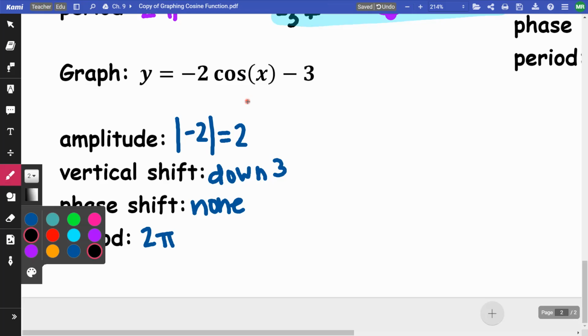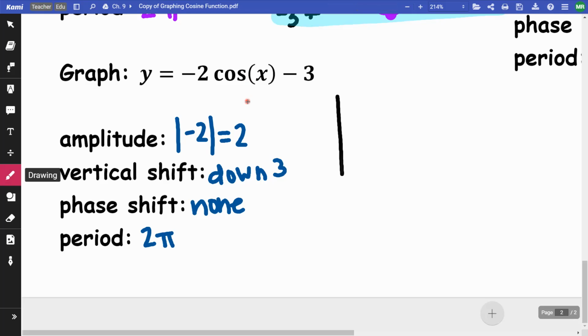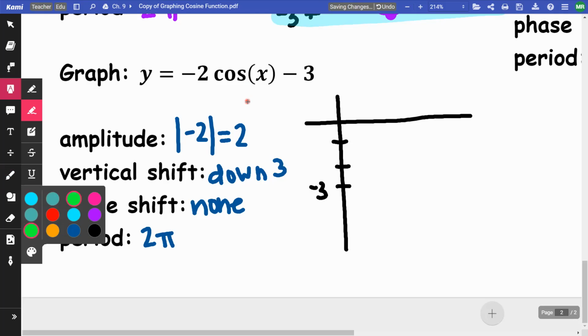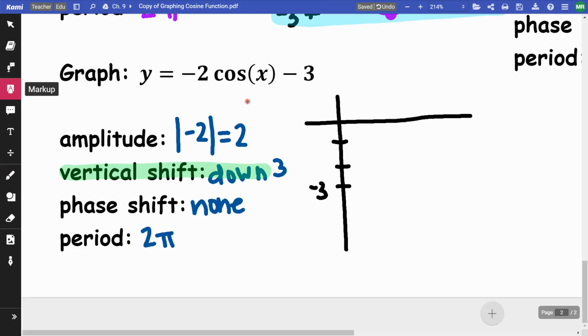So when I get my graph, I want to adjust it because I'm going to be going down 1, 2, 3. So here at negative 3, that is my vertical shift. Okay. So that is where my zeros are going to be.